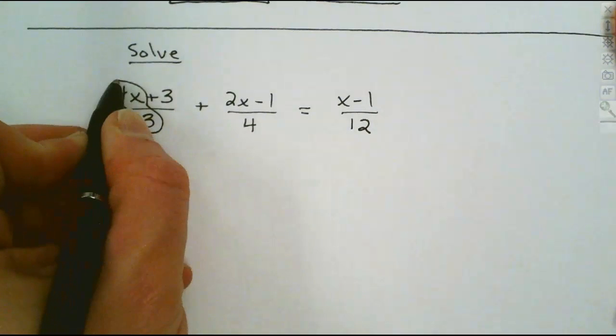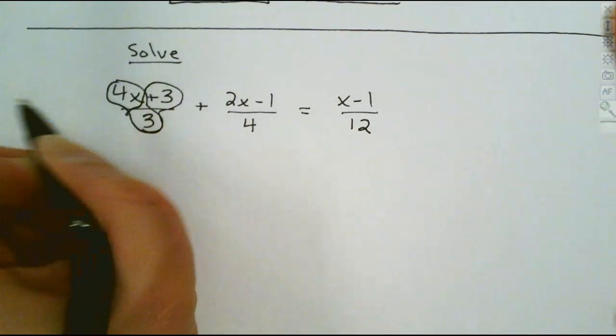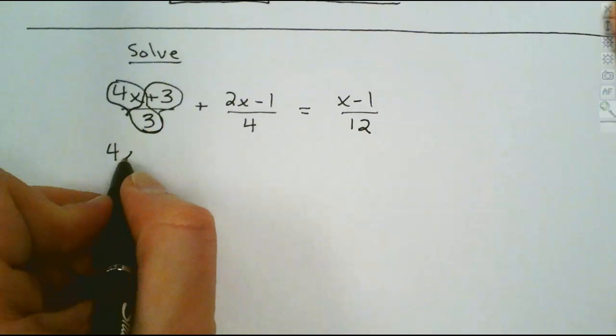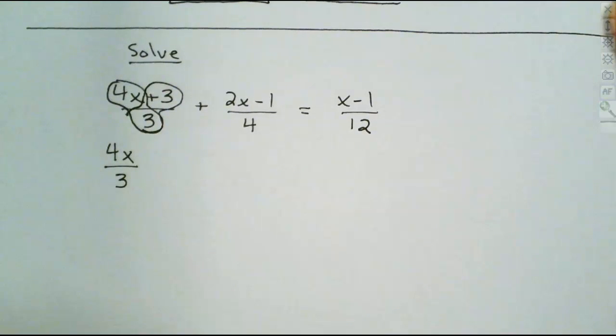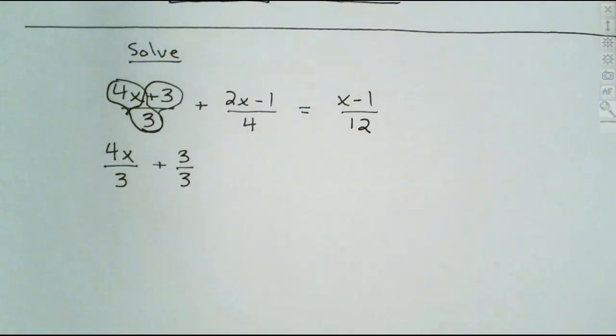So we're going to take this and we're going to divide it out into 2 separate parts. So that would give you then a 4x over 3 plus 3 over 3. And we could write that 3 over 3 as a 1 if we wanted to, but it doesn't matter because we're going to clear these fractions out in just a moment. So you can either write it as 1 or 3 over 3.